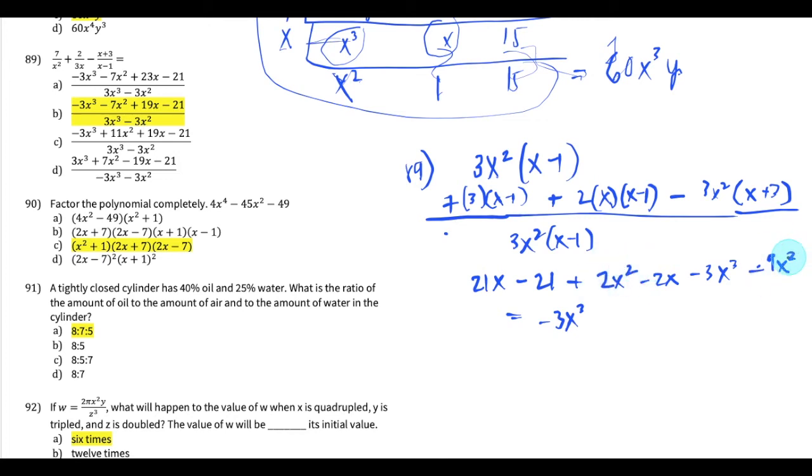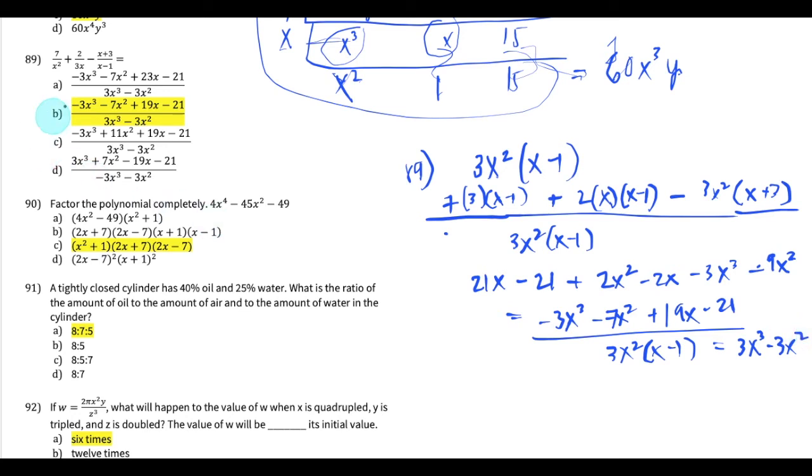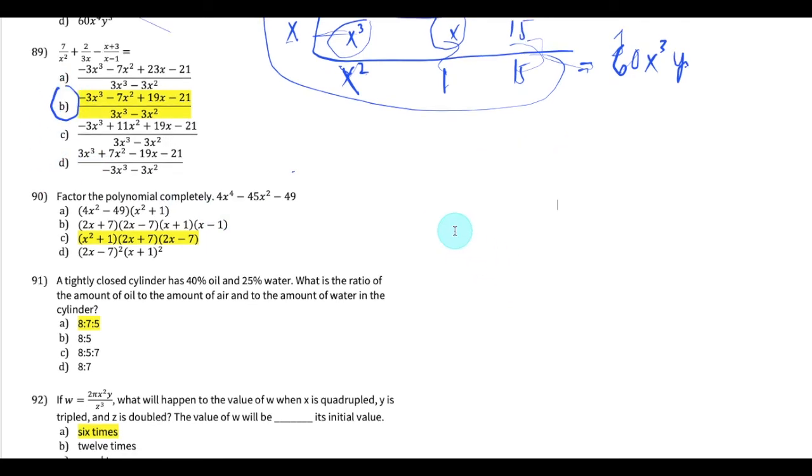So, that's equal to negative 7x squared. What else? 21x minus 2x is equal to positive 19x minus 21 over the LCD, which is 3x squared times x minus 1, or equal to 3x cubed minus 3x squared. Letter B.